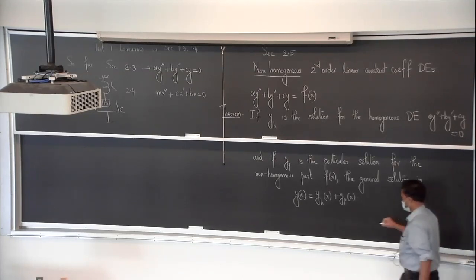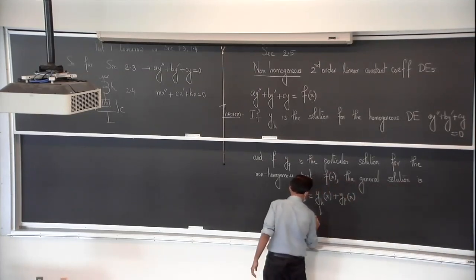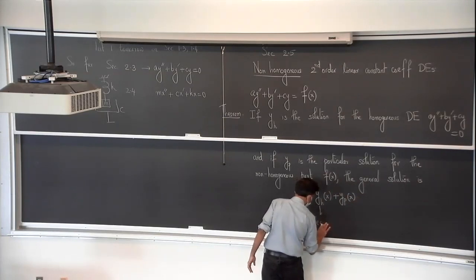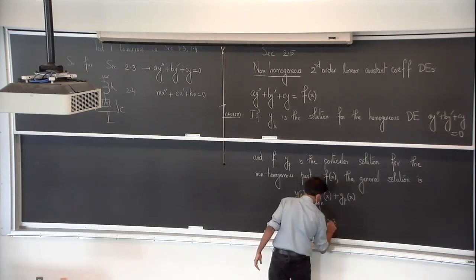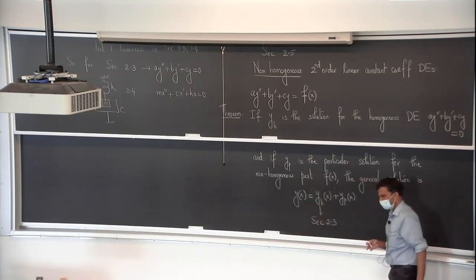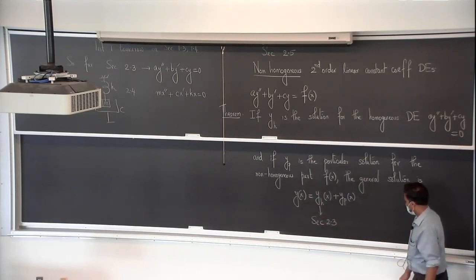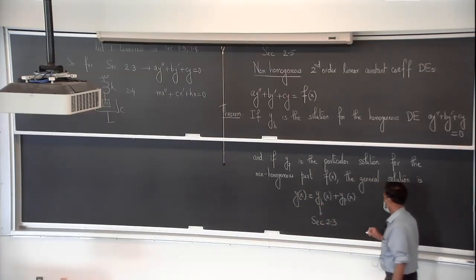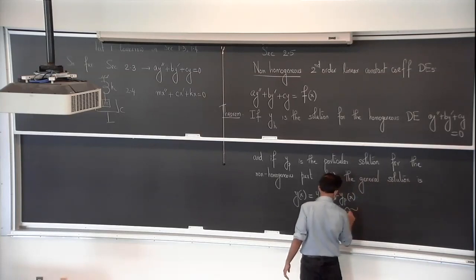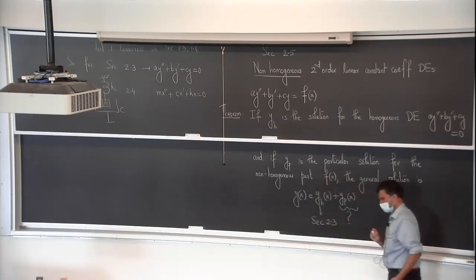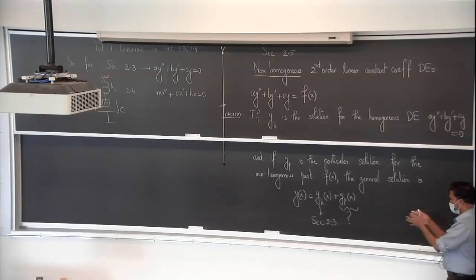So we know this one from section 2.3. Depending on cases 1, 2, or 3, you could find your yh, h for homogeneous. This is the one we are trying to find today. That's what our focus is. And once you have both the solutions, you can combine them together.